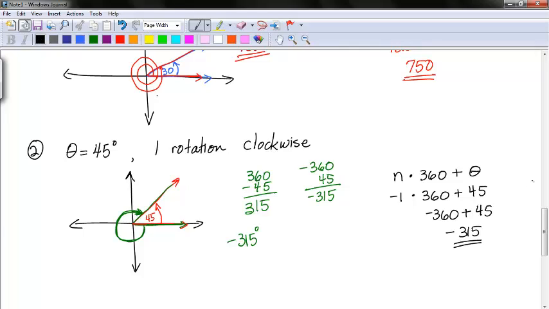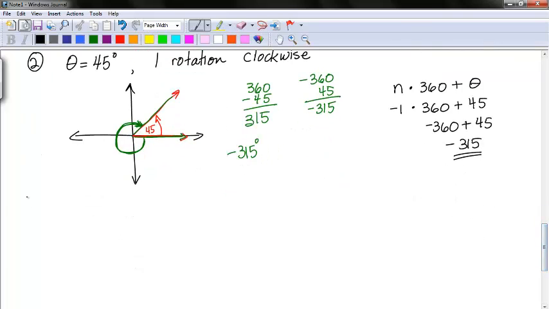One thing they will ask: they will ask you to sketch an angle and find its measure.